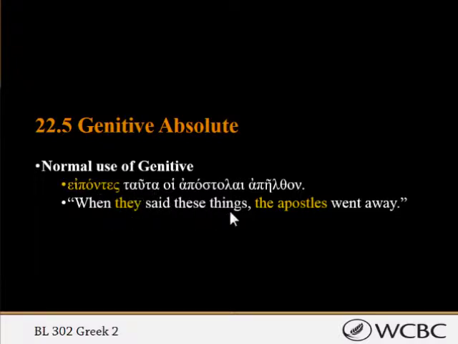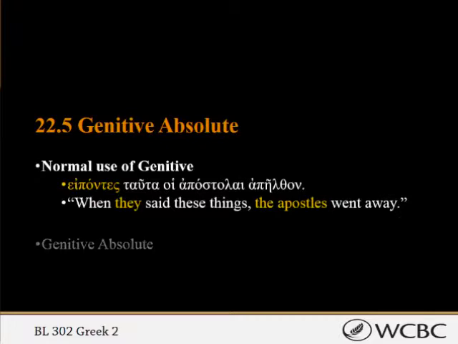So when they said these things, the apostles went away. So the participle here is referring to a verb that is in the plural, so in this case the apostles. So when the apostles said these things, the apostles went away is essentially what we're saying, but we're using a pronoun here. So when they said these things, the apostles went away. And that's the normal use of a genitive.